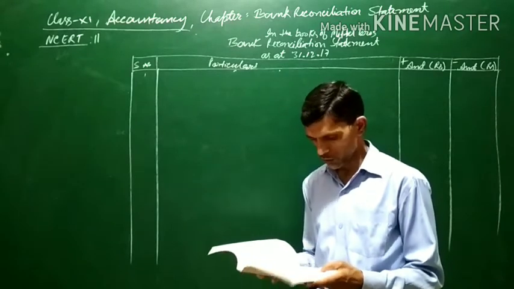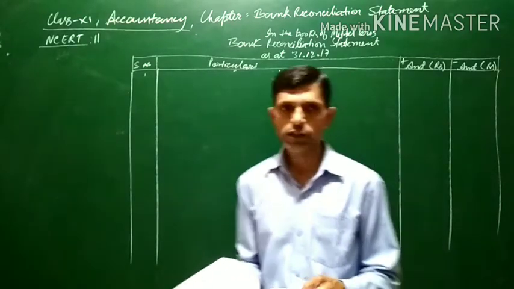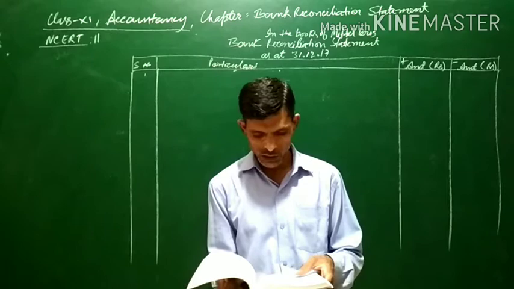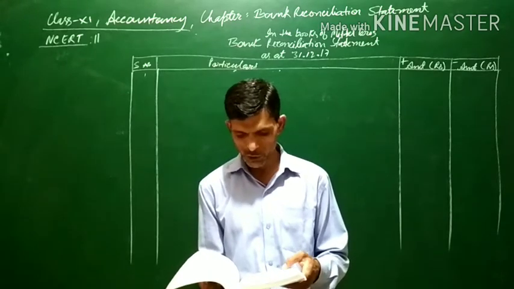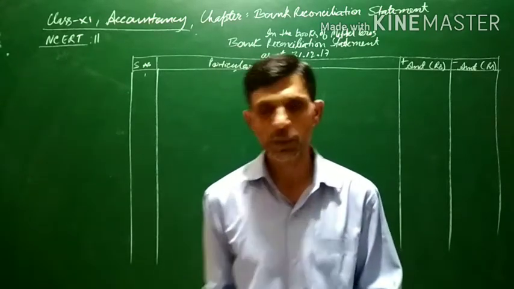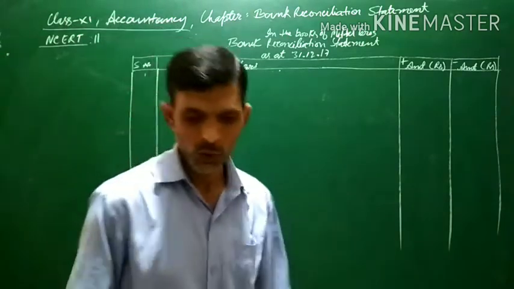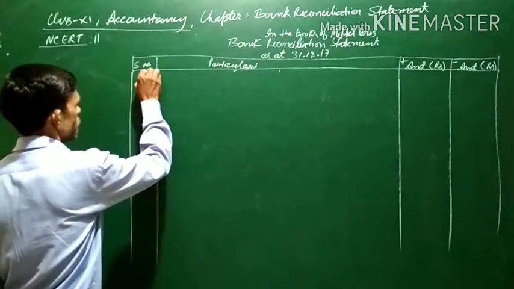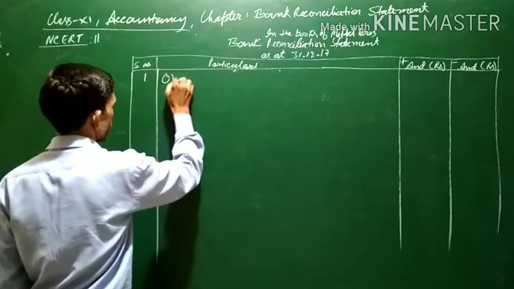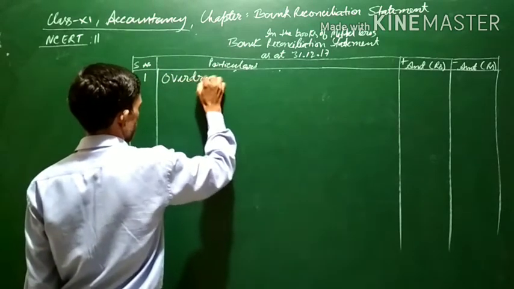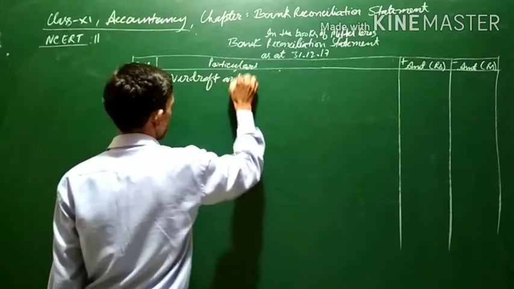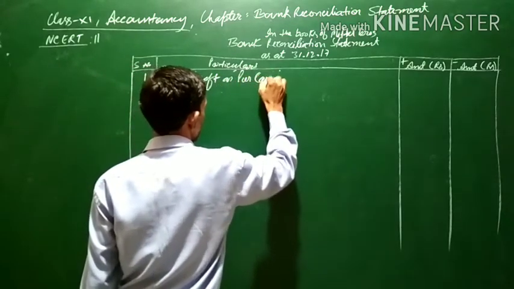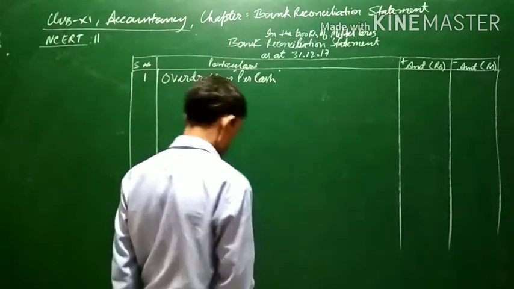Now here the cash book of Mittal Bros showed an overdraft balance. So in the very first statement, overdraft as per cash book.